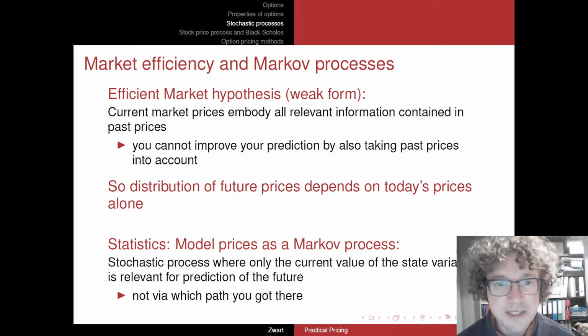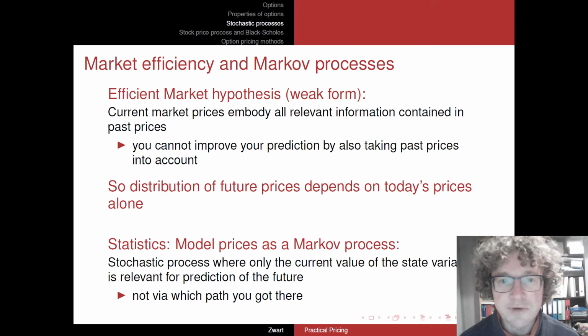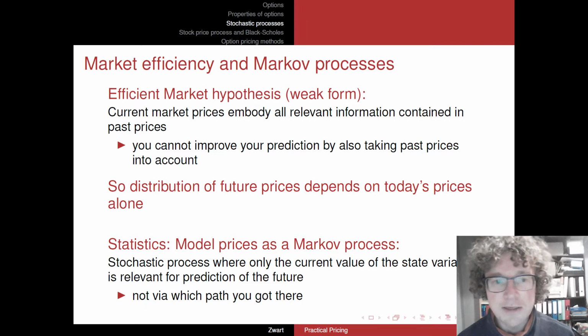In other words, the distribution of the future price, this probability distribution of future prices, depends only on today's prices. So this concept in finance is actually closely related to a statistics concept, which is the Markov process.